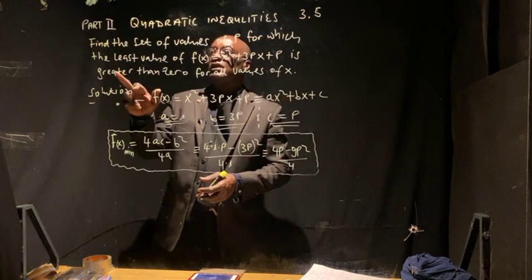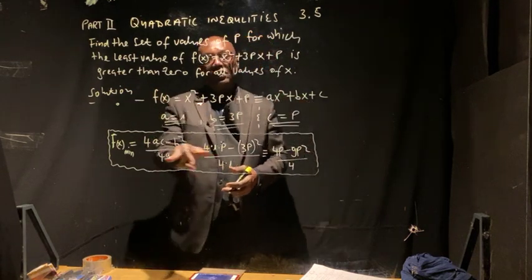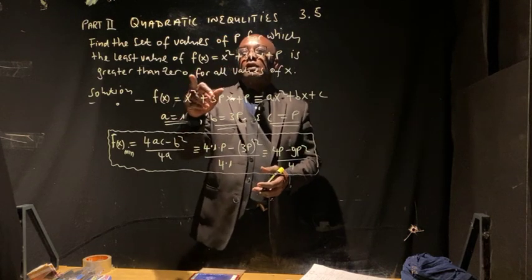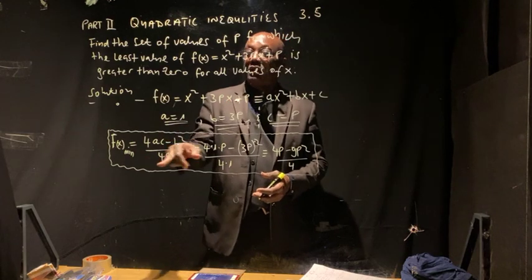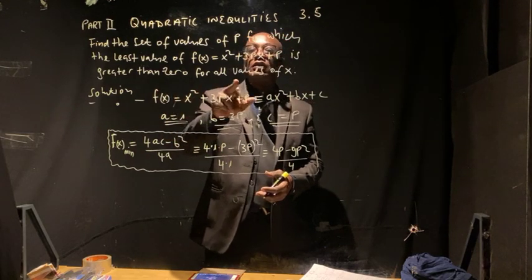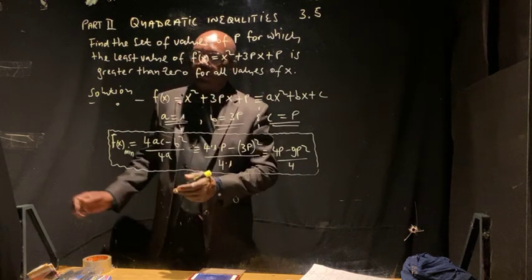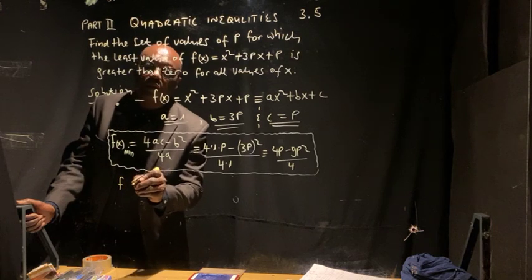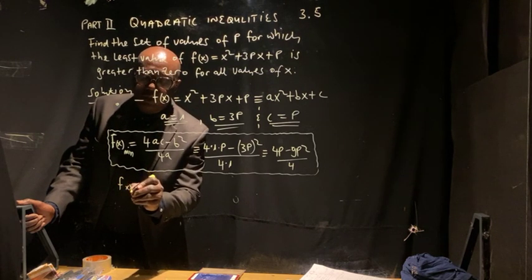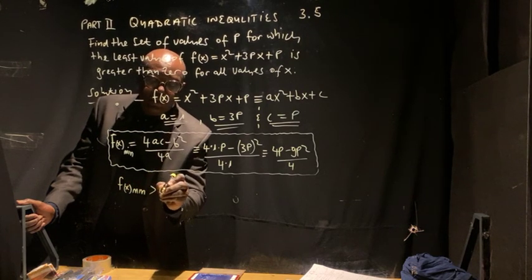So in the question, when it says find a set of values of p for which the least value of f of x, which is this one, is greater than 0 for all values of x, then for f of x to be greater than 0, f of x minimum must be greater than 0.